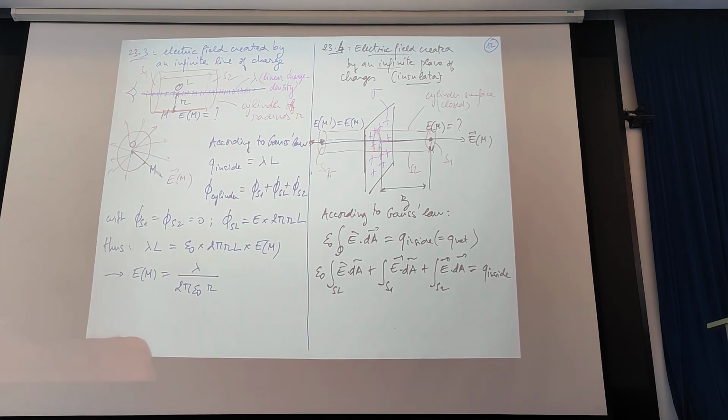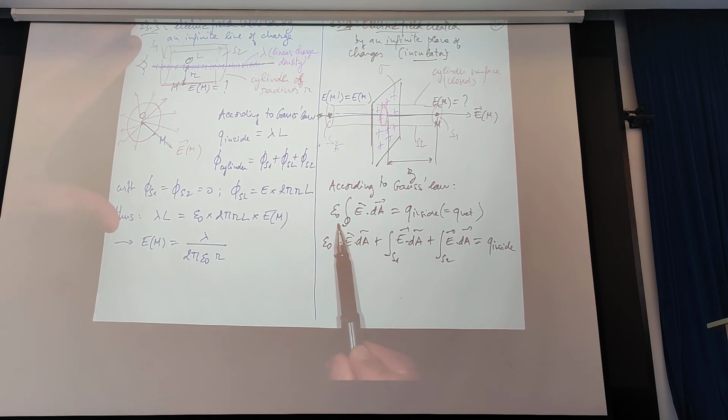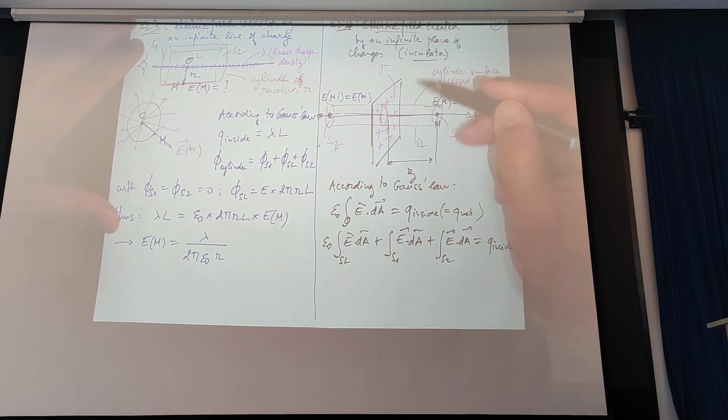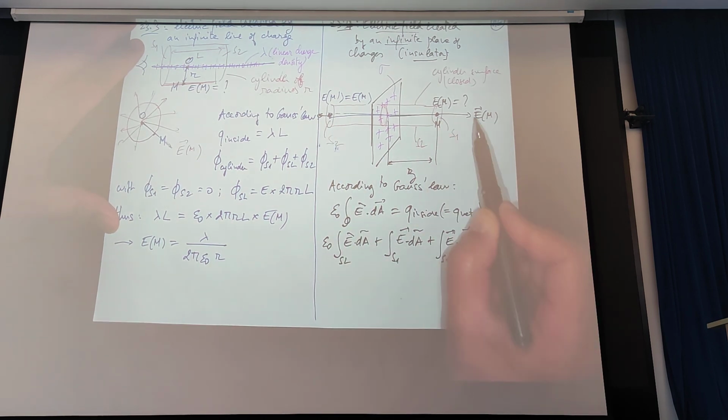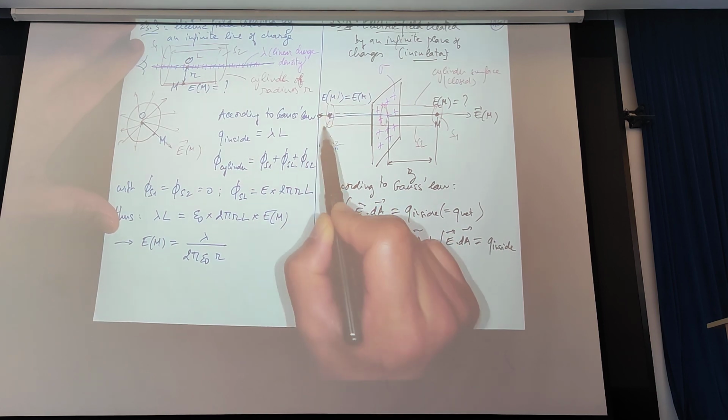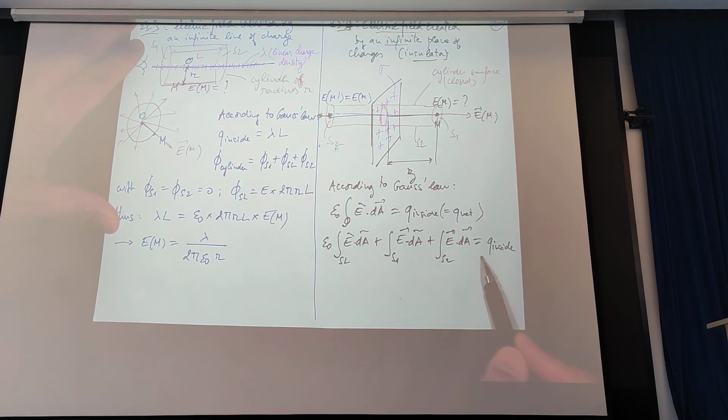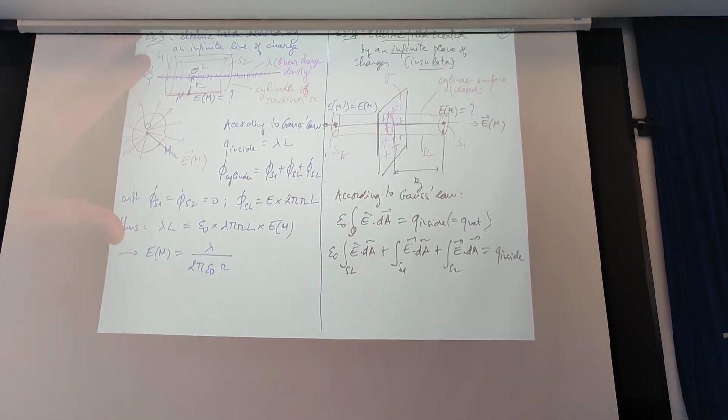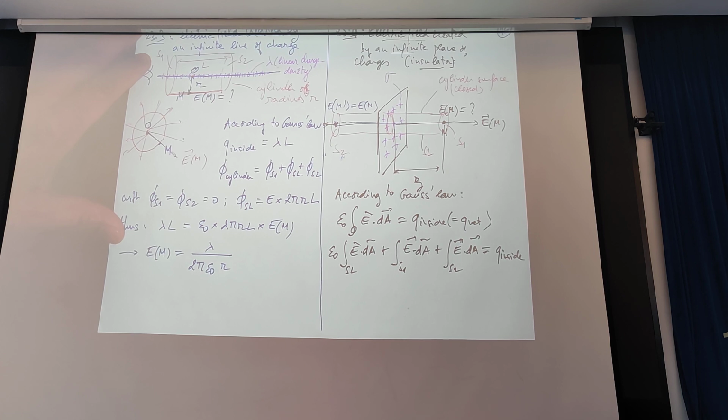Do you follow me? Slow down, okay. So again, the flux of the electric field through the closed surface that I defined previously is the sum of the flux through the lateral surface of the cylinder, which I call SL, plus the flux through S1, plus the flux through S2, and according to the Gauss law, it is equal to the charge inside. It's okay now?